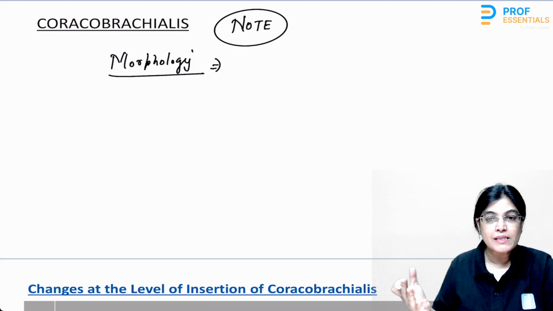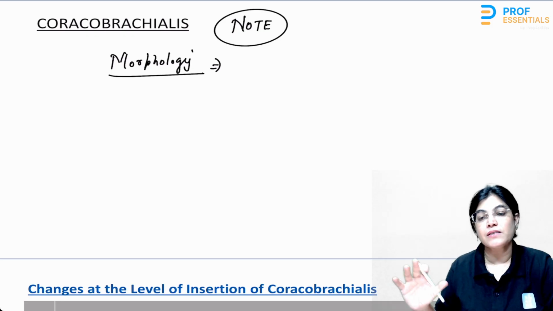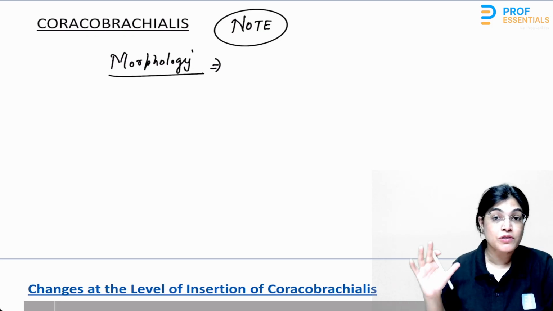So in animals, as I told you, we have got 3 heads of coracobrachialis muscle. In human beings, we have got just 2 heads.